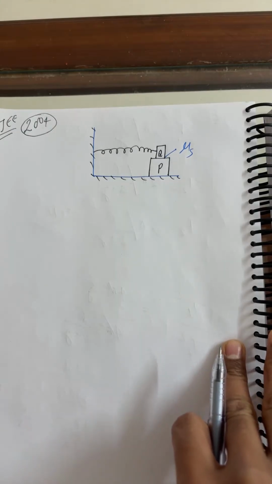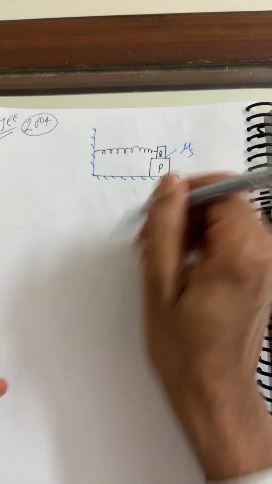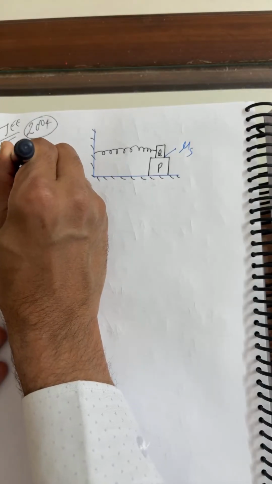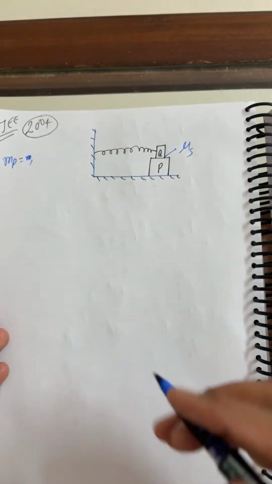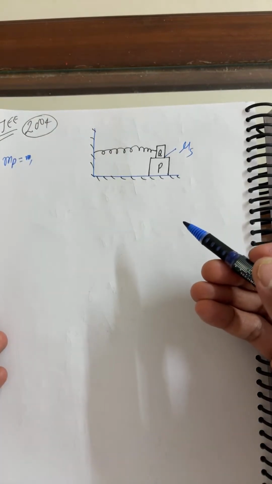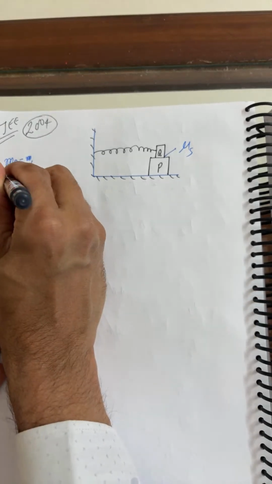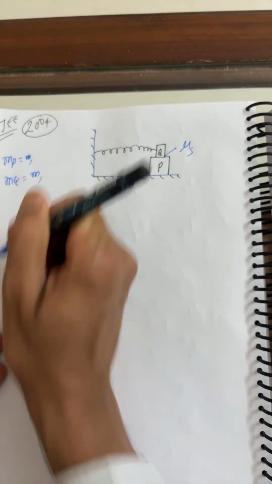For this question, a block P of mass m, you can take mass of block P equals m. A block of mass m is placed on a horizontal frictionless plane. A second block of the same mass, you can say that mass of block Q also remains m only.